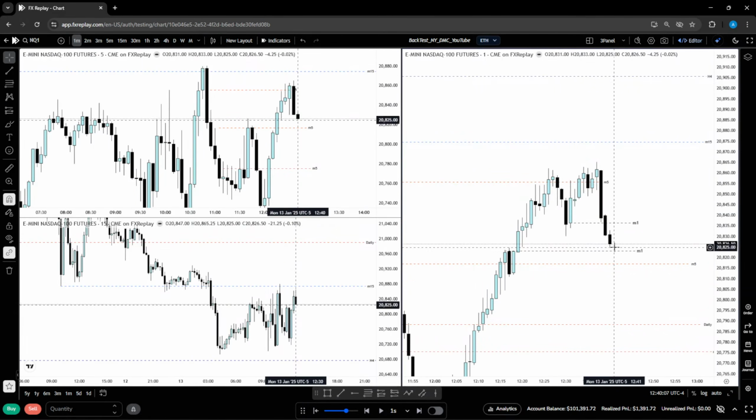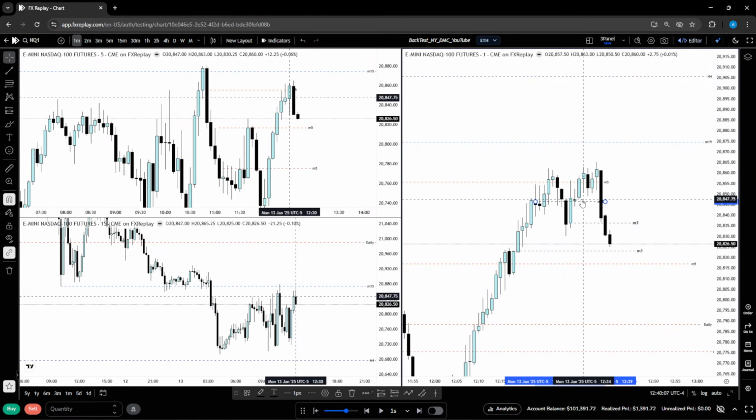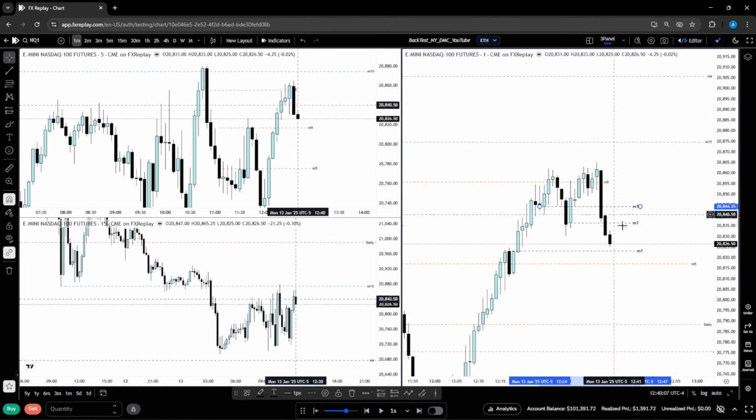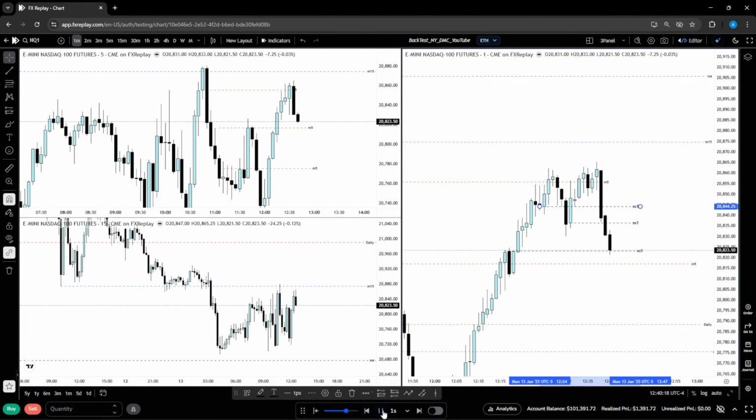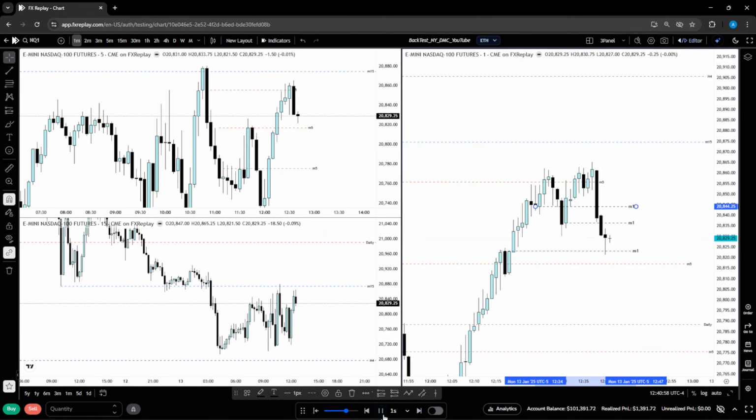So we'll see if we get a retest of one of these levels, like maybe this guy, and then we break down. Should get a reaction here. Now reaction from one of those two levels.